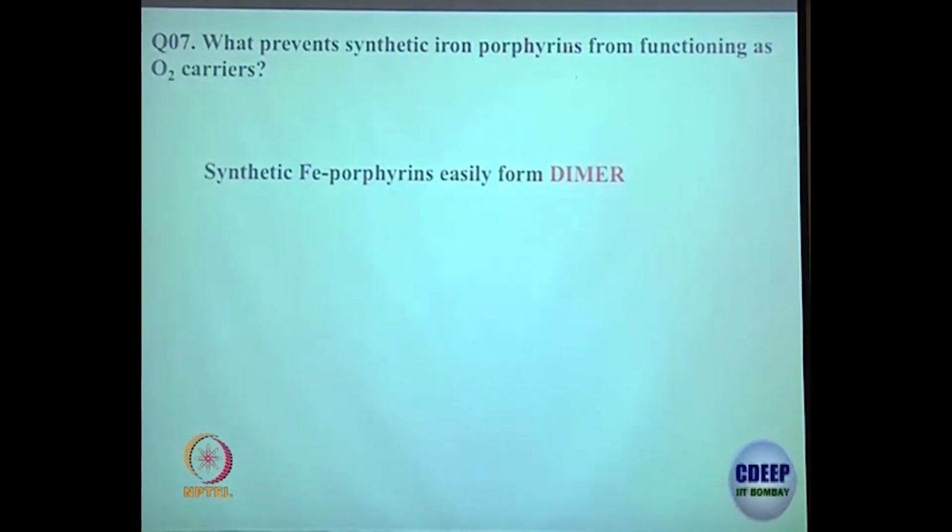What prevents synthetic iron porphyrins from functioning as an oxygen carrier? We have discussed this umbrella thing. Don't write umbrella, this is just for explanation. You can write it, if I am checking, you can get marks. If I am not, you don't get marks. So, okay, it prevents dimerization. Dimerization we have talked about.